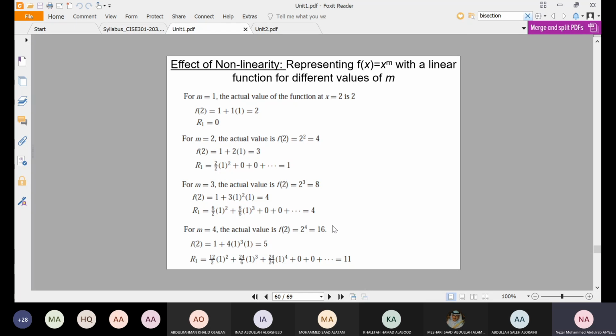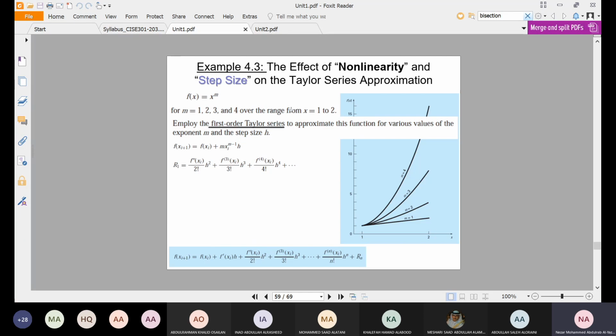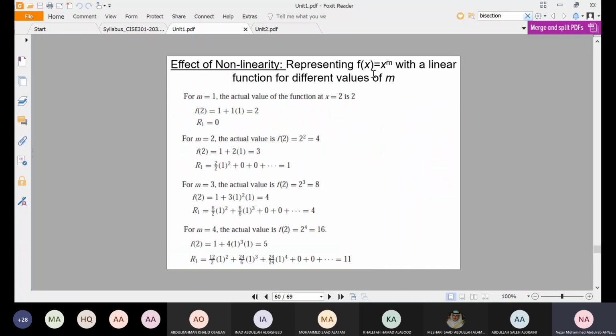As a result, we can conclude that if we increase the order of the function x, for example, from 1 to 4, or we can say that if the function becomes more nonlinear, the truncation error will increase. This is the first one. So if the system goes nonlinear, the truncation error, the error in our estimation, will increase.